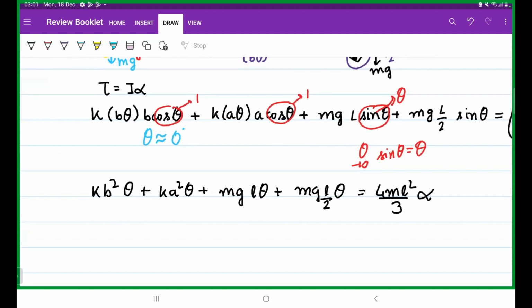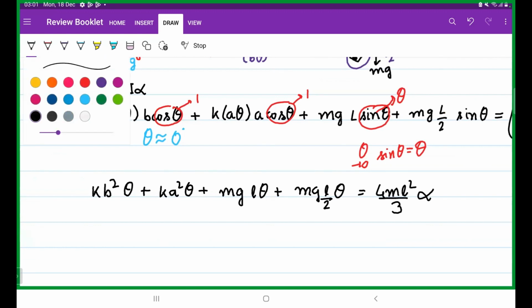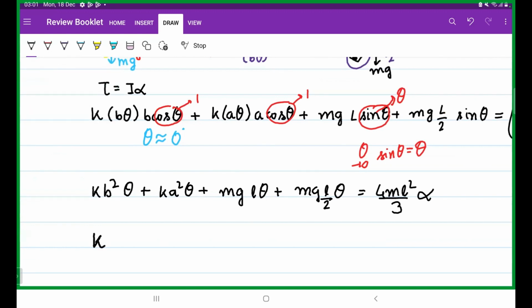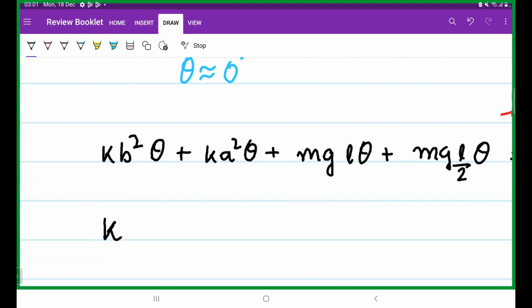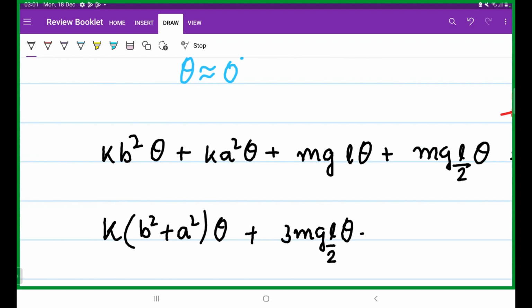Let's add everything up now. This will be k b square plus a square theta plus 3 mg L by 2 theta is equal to 4 ml square by 3 alpha.